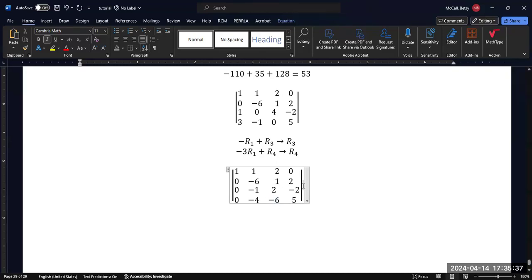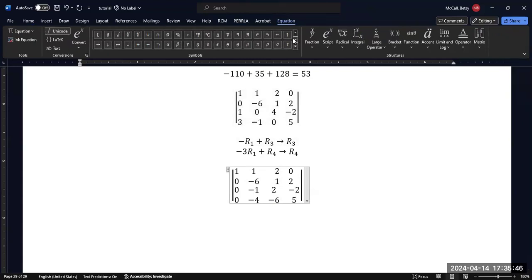All right, so then again, we can expand just to make our lives a little easier. We can expand on this first column and get a 3 by 3.